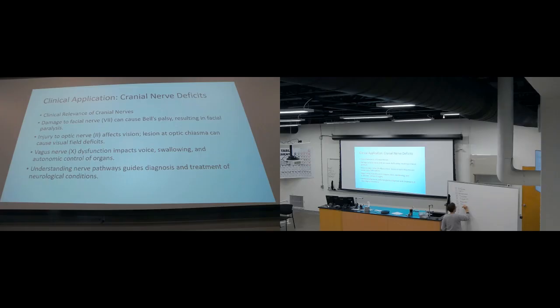Facial. Vestibulocochlear. Glossopharyngeal. Even the name of this one tells you something: tongue and pharynx. Vagus. And then accessory. They call it accessory spinal as well. Yes, accessory spinal. And then this one will be hypoglossal.